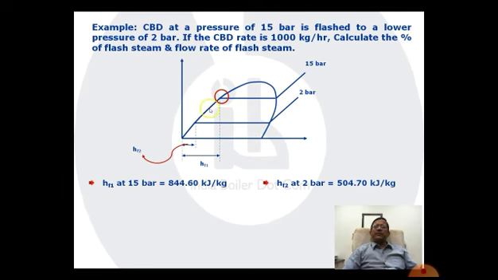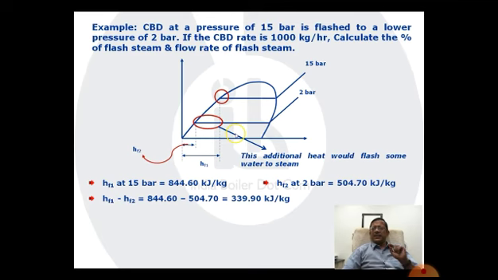That means the water, when it comes to the flash vessel at the lower pressure, already has some additional enthalpy. Now this part of the heat is going to convert some of the saturated water to steam.